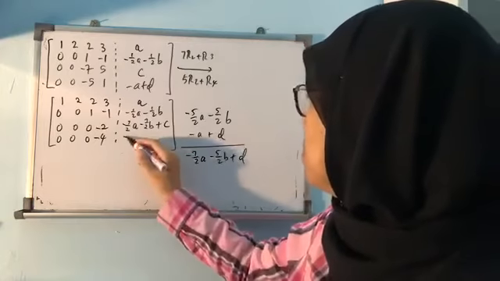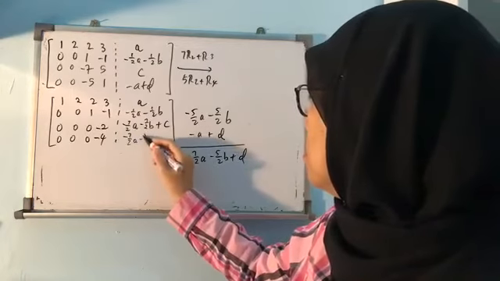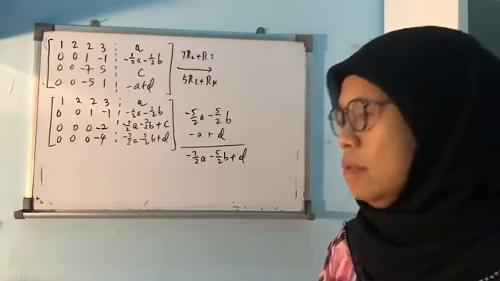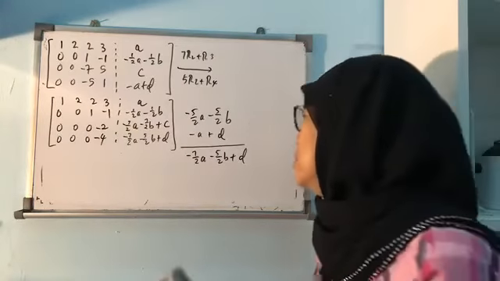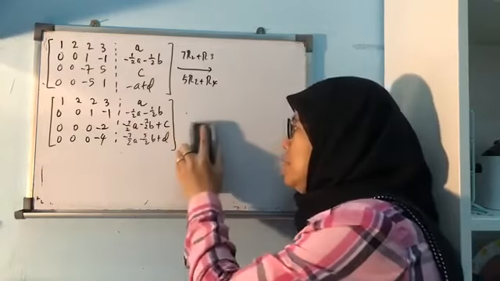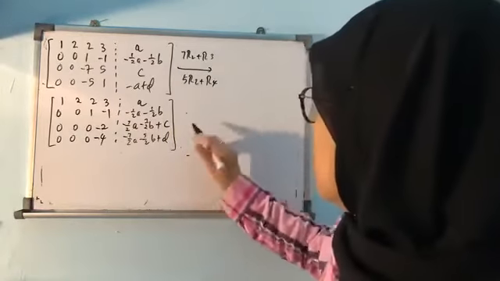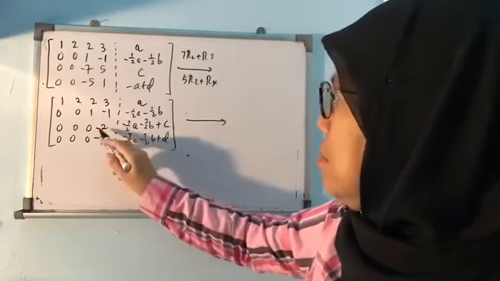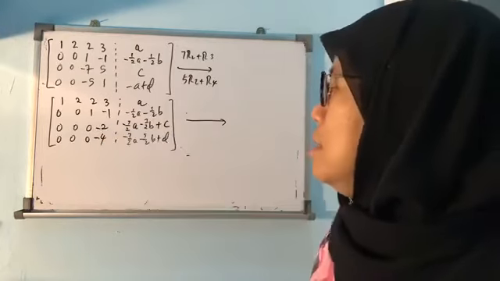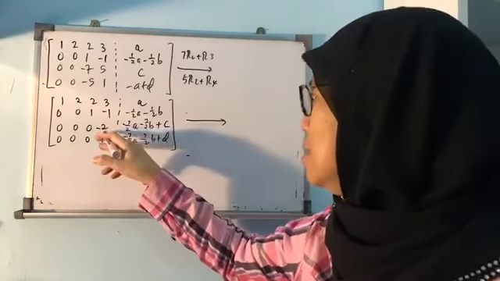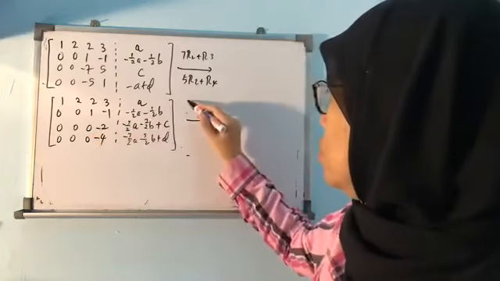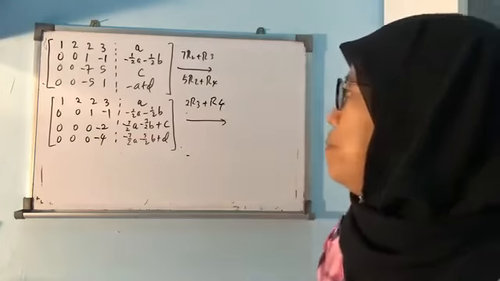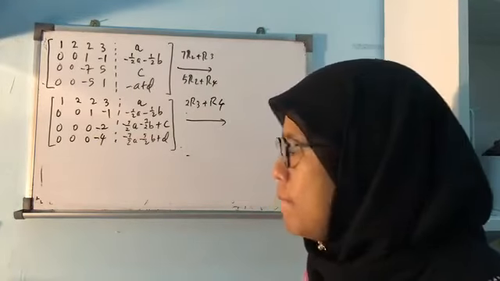Okay. One more. Okay. You can make this 1 if you want, but lagi susah nanti, kan? You just do 2 row 3 plus row 4. Negative 2.